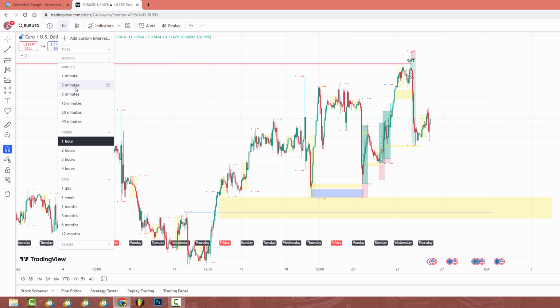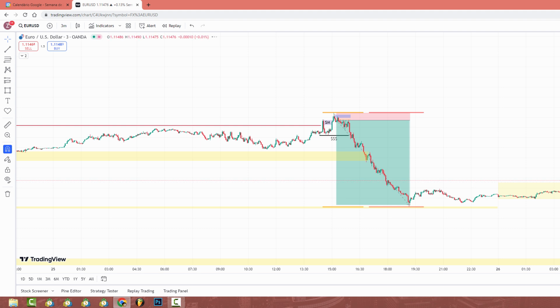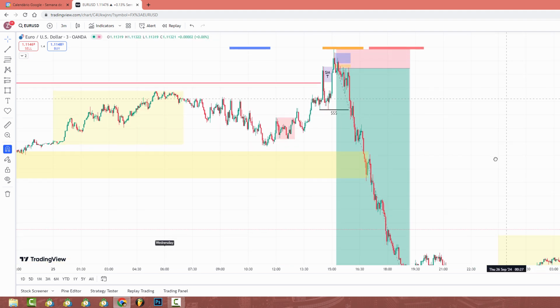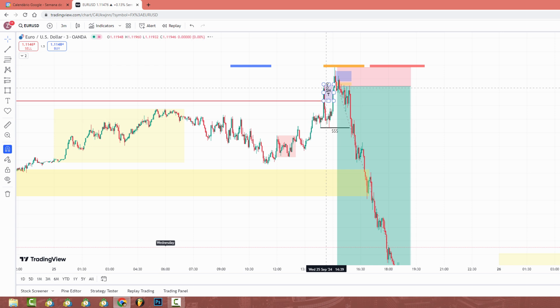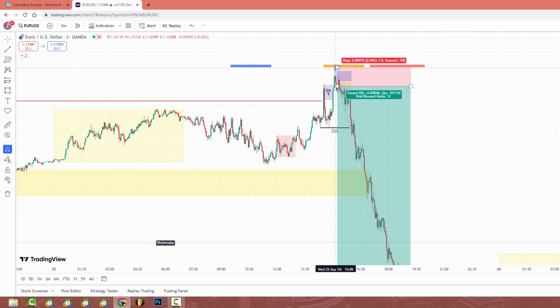So let's go to the 3 minute. Like I said, we had price breaking liquidity and then came down, but you always wait for 2 breaks at least, because one is usually the trap, because every smart money trader is also looking at this liquidity being taken, looking at the breaker structure and entering, and you don't want to enter like them, so you wait for a double, and that's what we had.